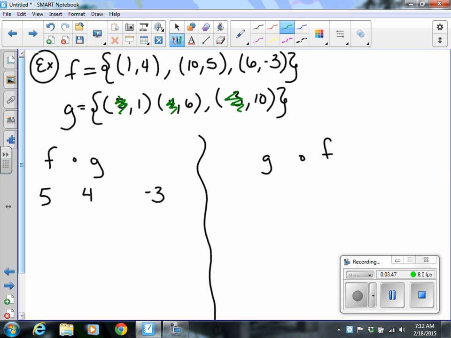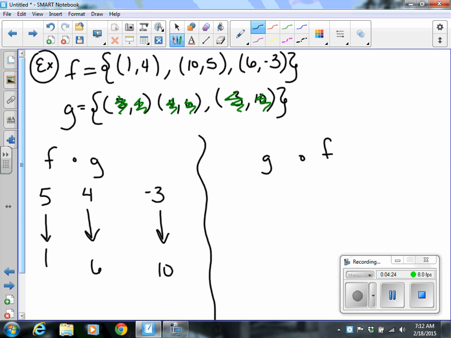It goes to the y value of 1. 4 then goes to 6, and -3 then goes to 10. Now I've already gone through the 5, 4, and -3. Now I'm going to go to the 1, 6, and 10. This is where I'm already done with my g. So now I'm going to go to the f.